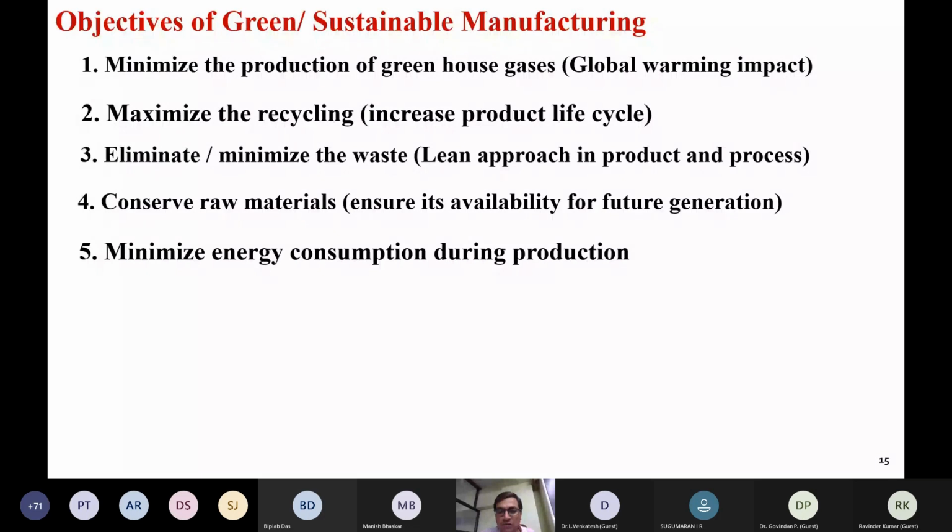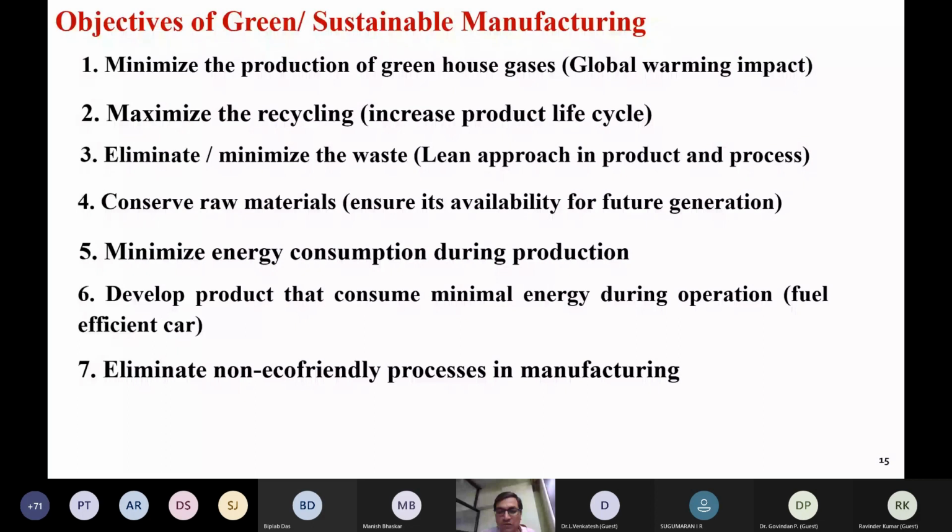Apart from the conventional objective, these are the additional objectives which make manufacturing more green. That's why the conventional is always there. You should turn raw materials into finished goods. That is the ultimate objective. But keeping that objective as well as adding these other objectives helps you save your natural resources and reduce CO2 emission.